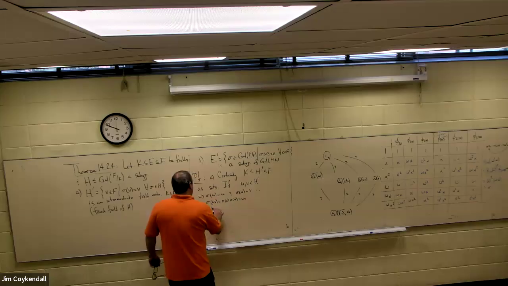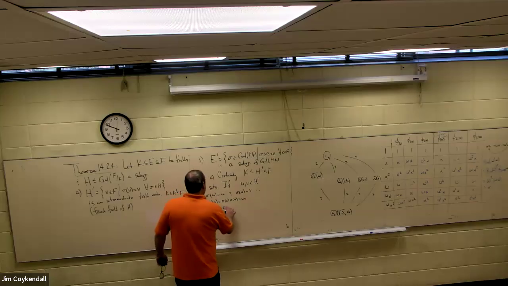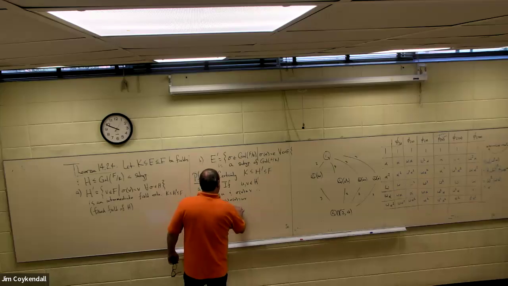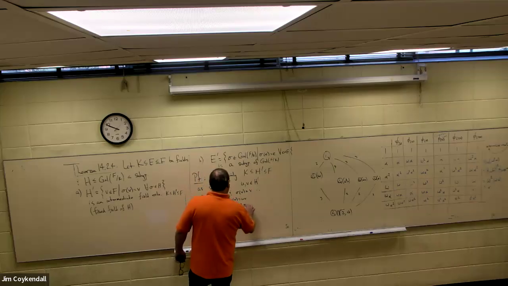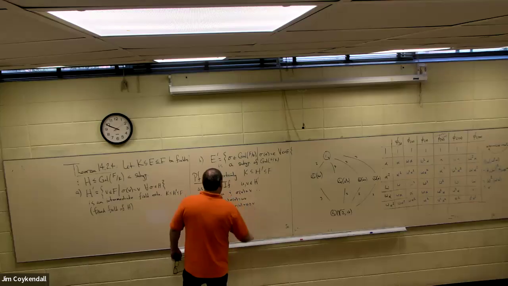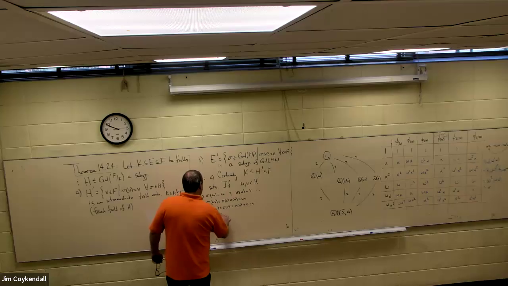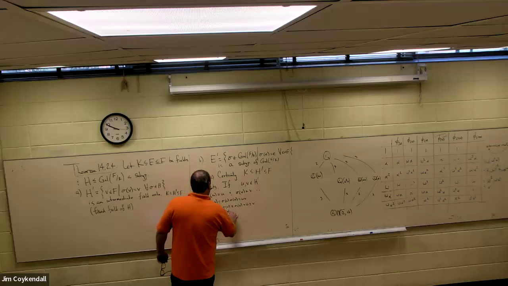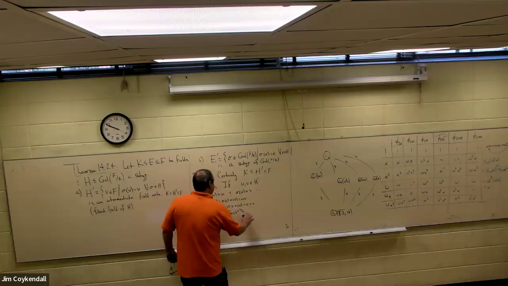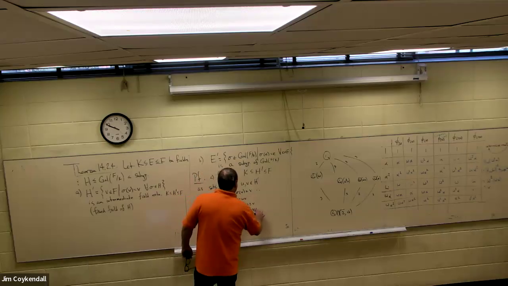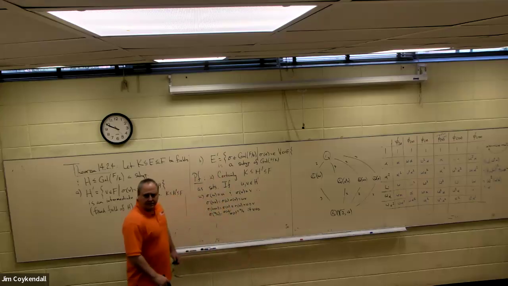Sigma U plus or minus V is sigma U plus or minus sigma V, and sigma U over V is sigma U over sigma V, which is U over V, if V is not zero, of course.